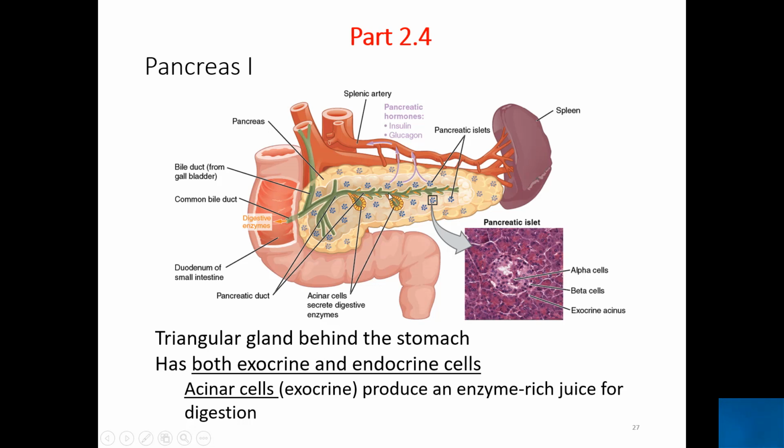Digestive enzymes are collected into the duct. Remember the difference between endocrine and exocrine glands. And those ducts carry digestive enzymes and release them into the duodenum, part of the small intestine, where they take part in digestion of our food.